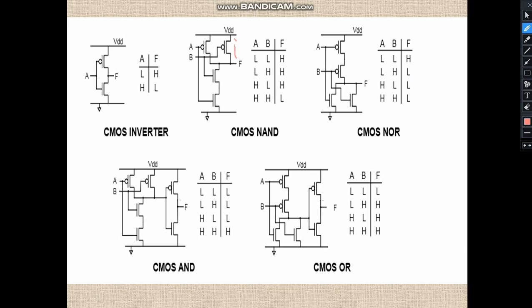For the last condition, high and high, both NMOS will work and both PMOS will not work. So your output is connected to ground, so the output is low. This is a basic simple representation of CMOS NAND and CMOS NOR. We can implement CMOS AND and CMOS OR gates also by simply adding an inverter at the output of the gate.